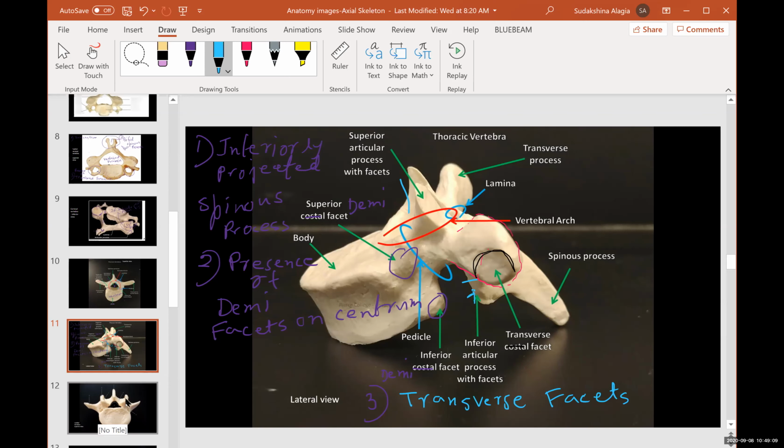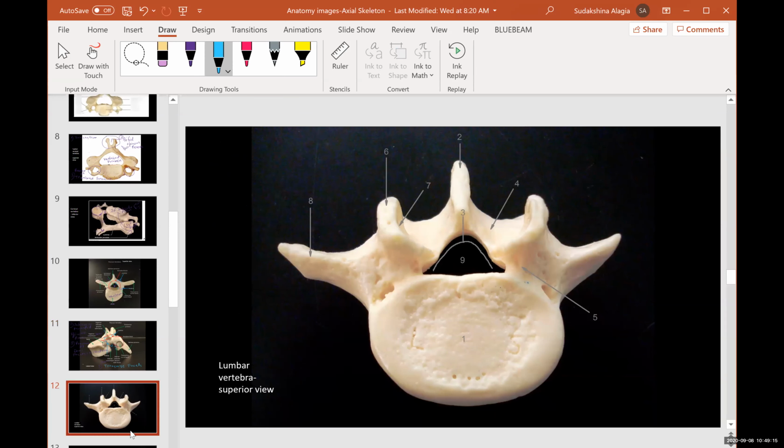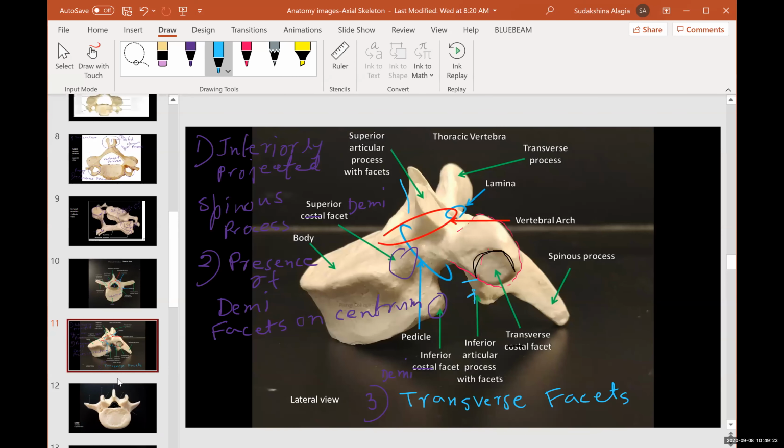Question? Yes, go ahead. When looking at it from the side angle, I know you said that the rib fits in with the thoracic vertebrae. There's like that thumb-looking space.